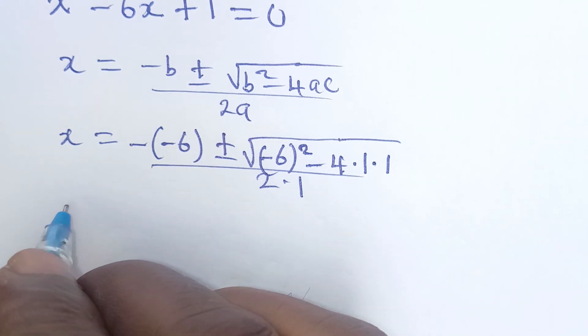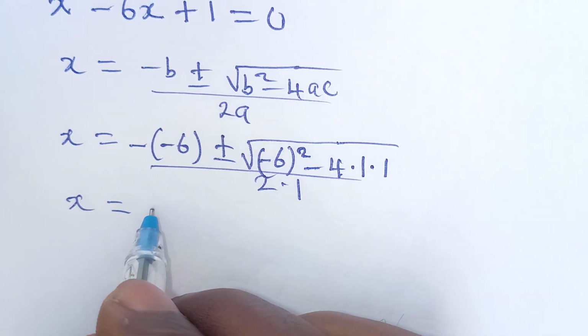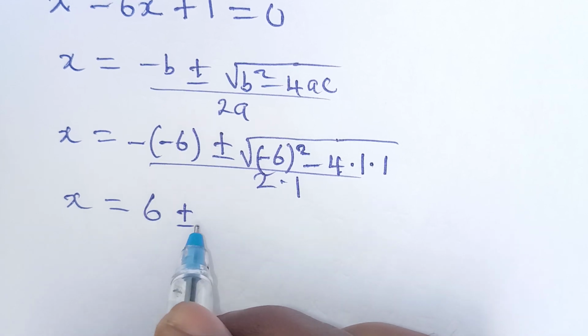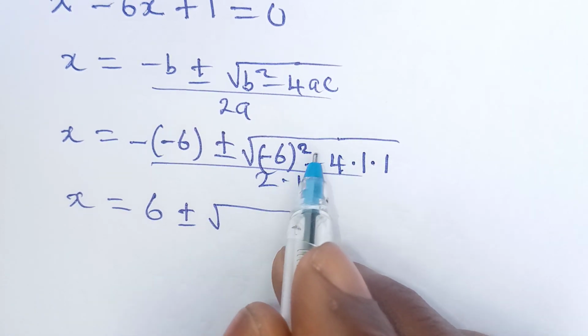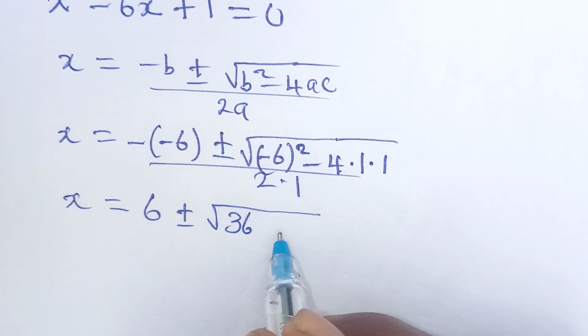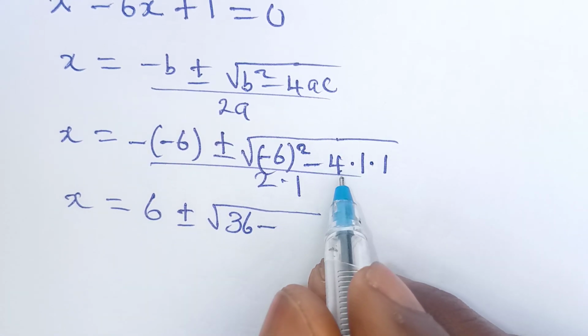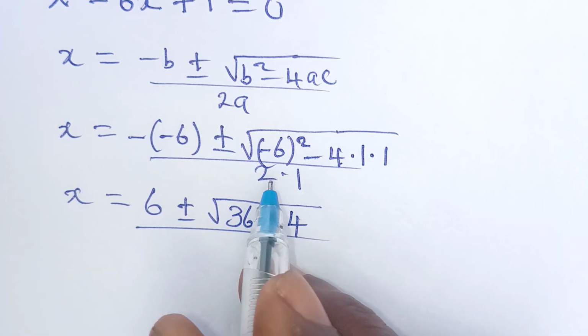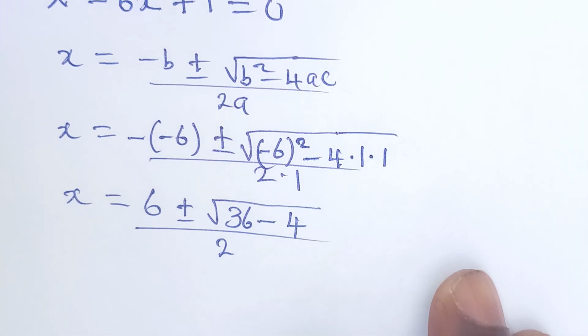To continue with this, our x will be equal to minus will give plus. We have 6 over there. Plus or minus. Then minus 6 squared will give plus 36. Then minus 4 times 1 is 4. And this is all over 2 times 1, which is 2.